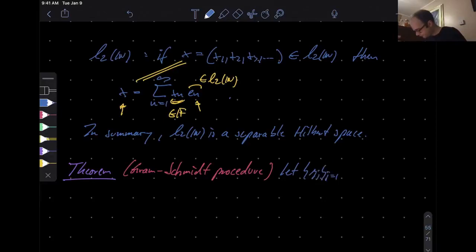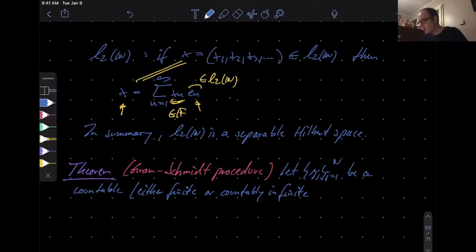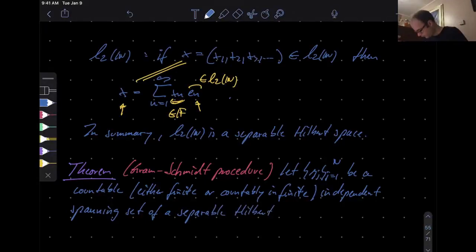Let y_j be a countable, well, either finite or countably infinite, independent spanning set of a separable Hilbert space H, and that this set exists was the content of the previous proposition.